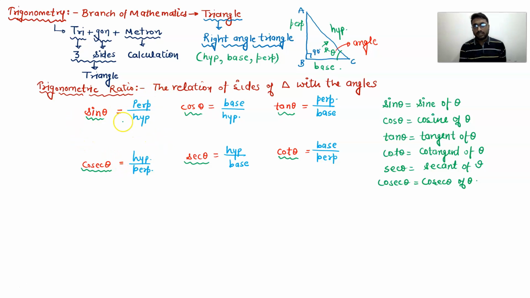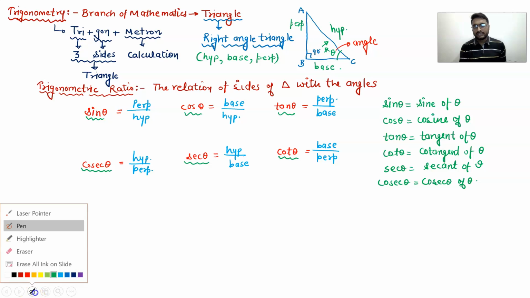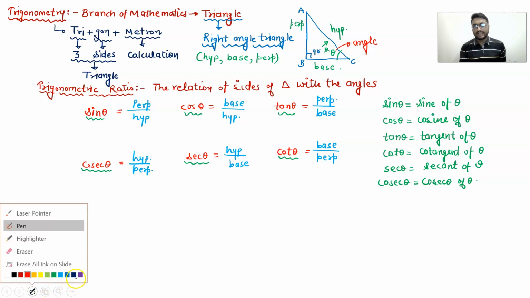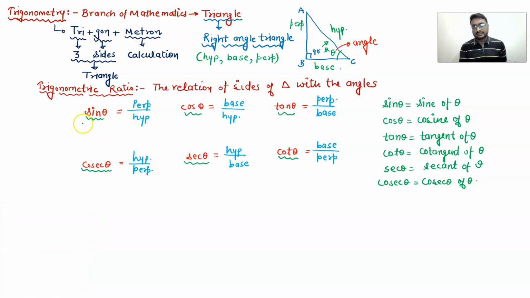Now we can conclude through these ratios. We can conclude that sine theta and cosec theta are reciprocals of each other. So we get the result sine theta equals 1 upon cosec theta.